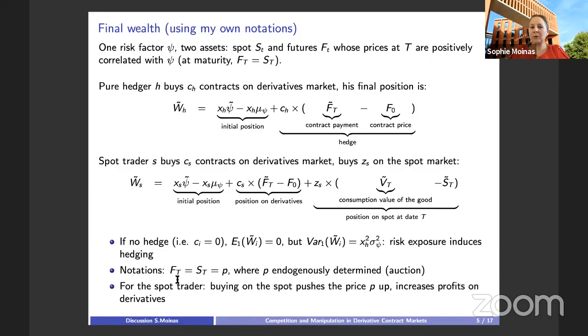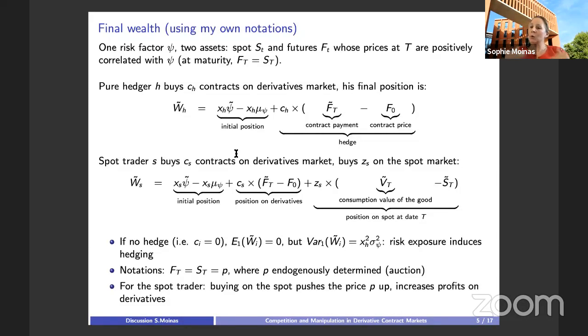The pure hedger starts with an initial position. He's exposed to the risk psi, and he has the opportunity to hedge by buying some contracts or selling some contracts on the derivatives market. If he buys, for instance, he's going to pay the contract price F0, and he's going to receive a payment at the terminal date, the maturity date of the contract.